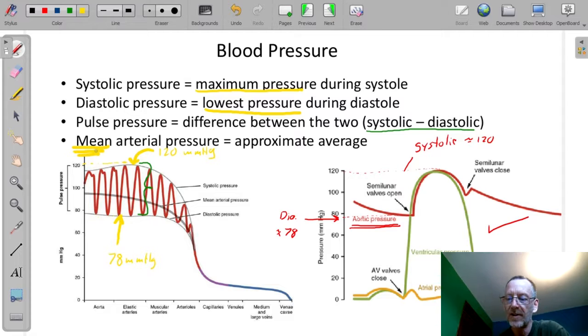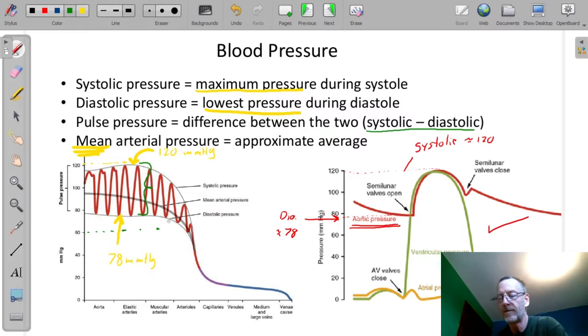So if you were calculating a mean arterial pressure and you came up with a number like 60, well, that's down here. So there is 60. That would make no sense for an average blood pressure. Conversely, if you came up with a mean arterial pressure of 180, that would make no sense.